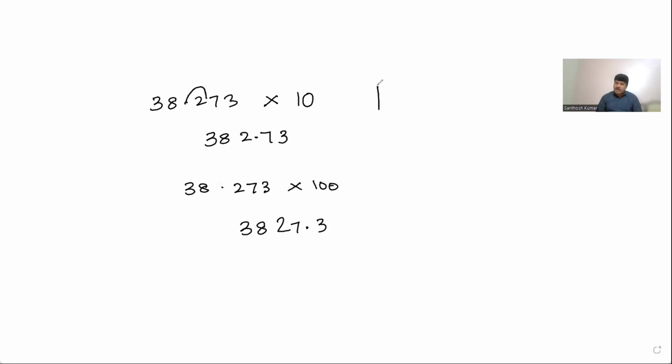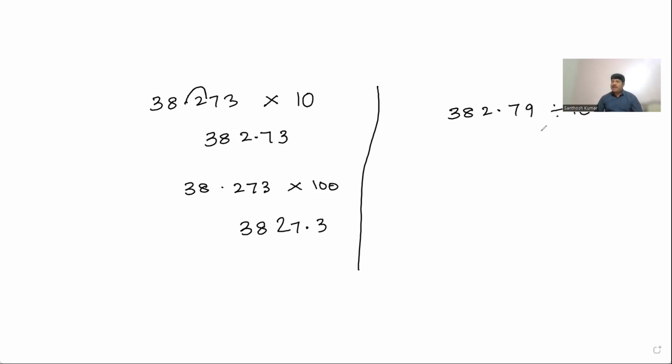Understand? Now here, whenever you are dividing a decimal number, the point should move towards the left side. Understand? See the example, 382.79 is there, for example. It should be divided by 10.